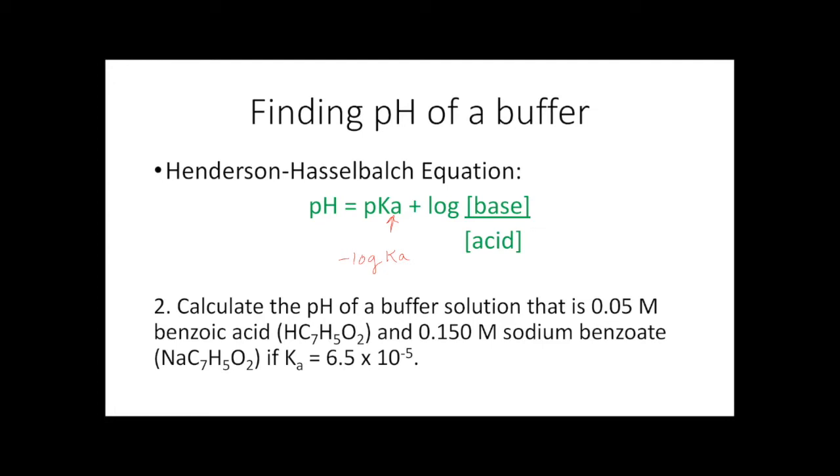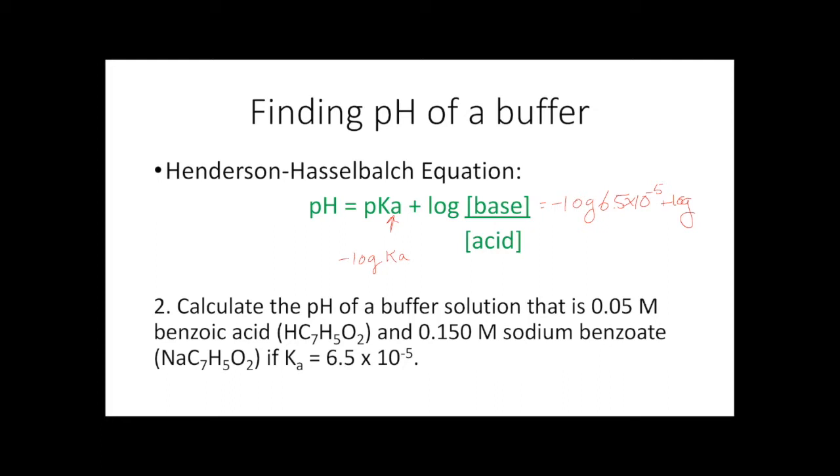All right, let's look at number 2. Calculate the pH of a buffer solution that is 0.05 molar benzoic acid and 0.15 molar sodium benzoate. And we know that the Ka is 6.5 times 10 to the negative 5. So if I use this equation here, I need the negative log of the Ka plus the log. Okay, I need concentration of base over acid.